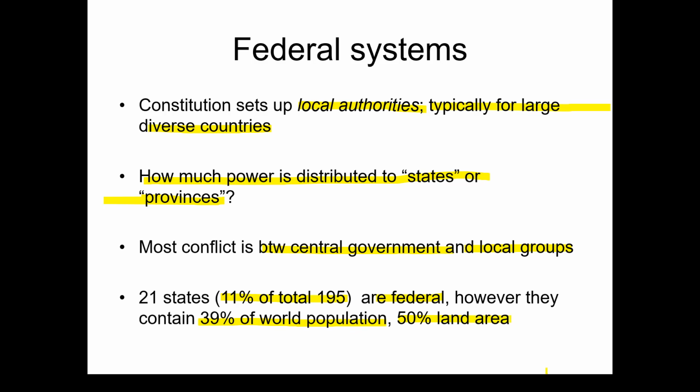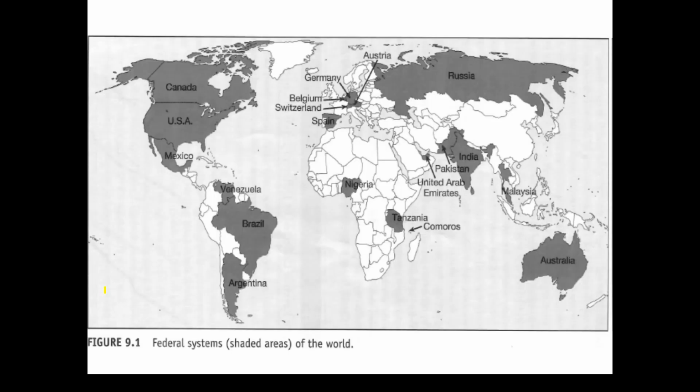So that shows you how prominent these federal systems are as far as territory and population, because the biggest countries in the world are the ones that typically use the federal systems. And here's a map that shows the countries of the world, and you can see there's big, populated states here that are federal systems around the world.